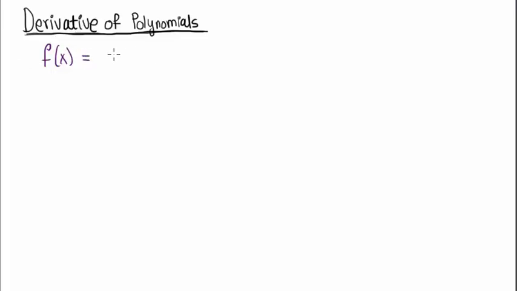Let's say I have some function that's ax to some number n, then plus bx to the n minus 1, which is one degree less, plus cx to the n minus 2, and then it keeps on going like this, dot dot dot, up until I get just some constant.